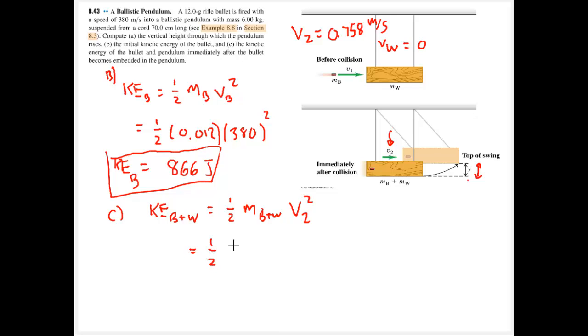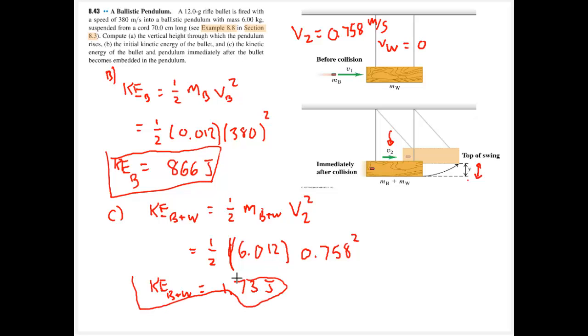So 1/2 multiplied by 6.012, in parentheses, multiplied by 0.758 quantity squared, and the kinetic energy of the two of those is going to come out to be 1.73 joules.